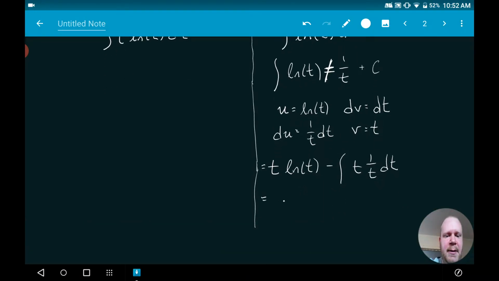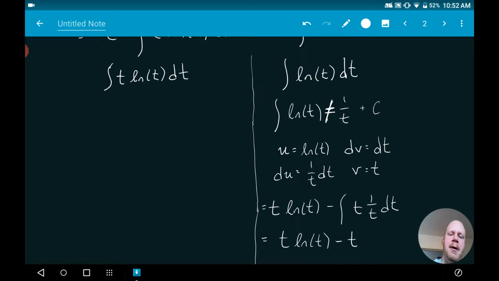So we get t times natural log of t minus the integral of 1, which is just going to be t. So I'll leave it at that for now, and then I'll do this other one.